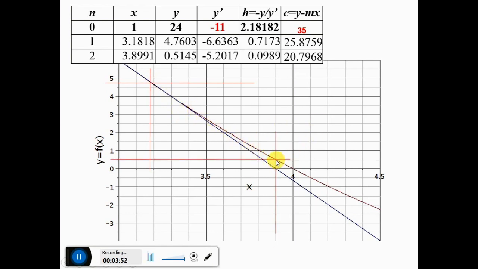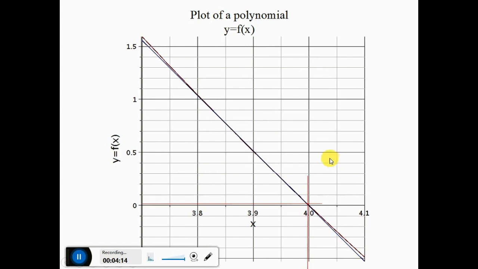So at this iteration we are hitting the x-axis at 3.899, that is almost 3.9. So 3.5, 3.6, 3.7, 3.8, 3.9. This is the point where now we want to find the derivative and then the tangent and its x-intercept.